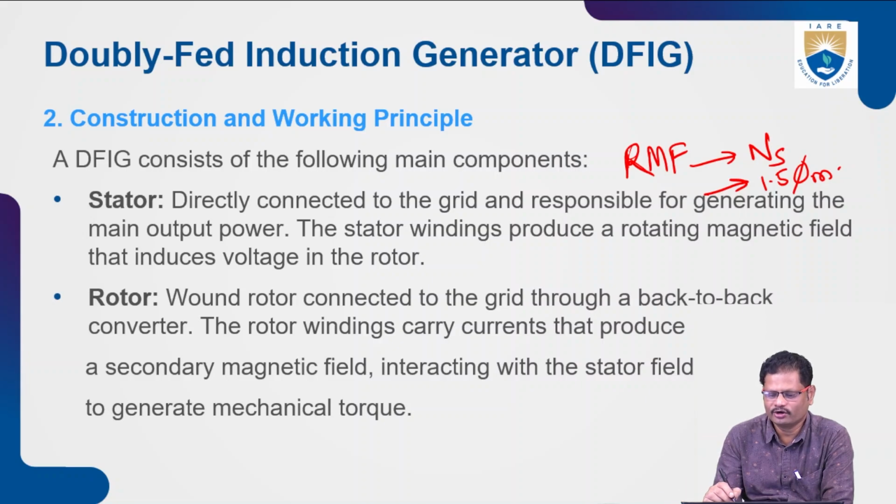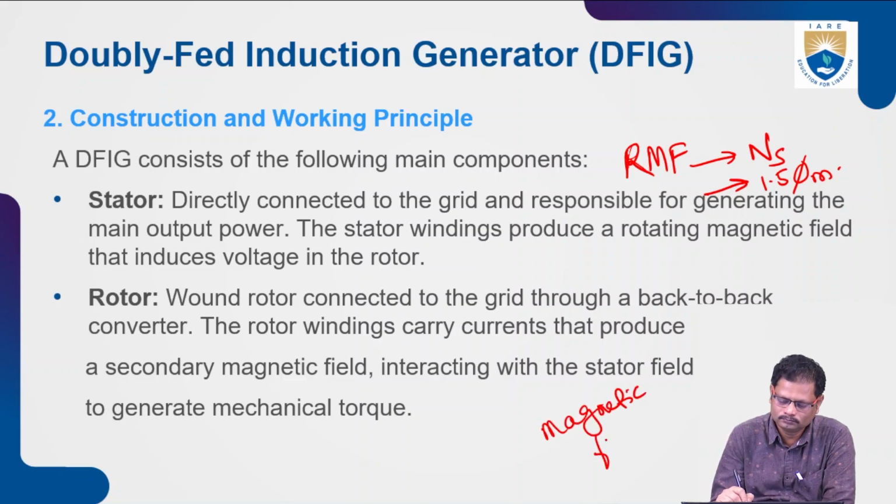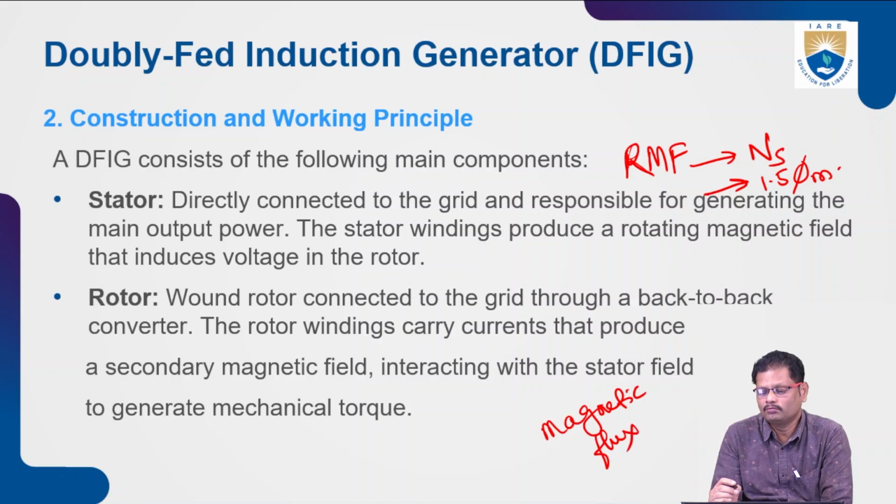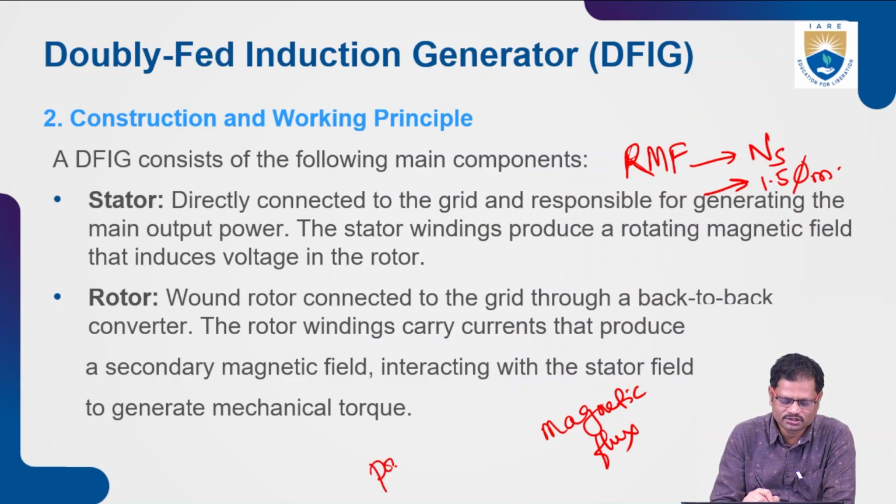In the stator winding a rotating magnetic field is produced, and in the rotor winding magnetic flux is produced. The slip ring or wound type rotor is connected to the grid through a back-to-back converter, for which power electronic devices are used.